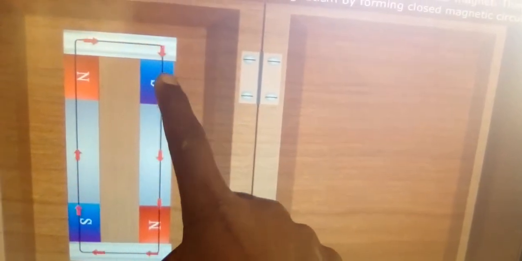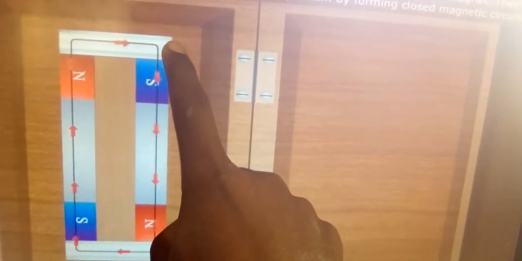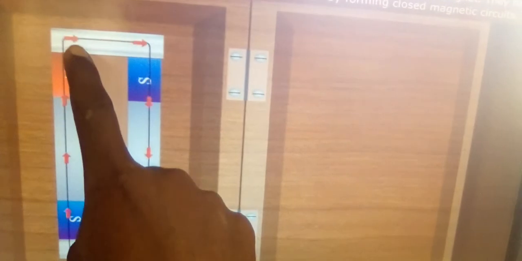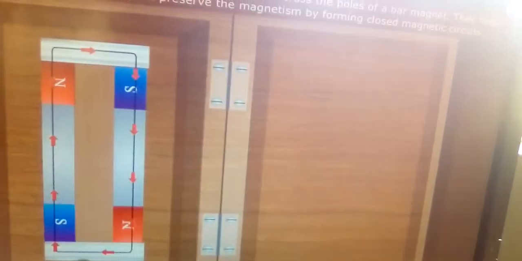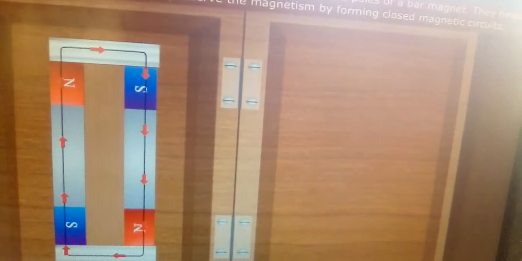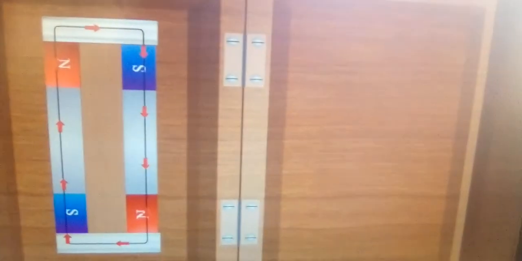Then you find that there is magnetic circulation. Actually, what happens is that this one induces the north here, and this one induces the south here. So this one temporarily behaves as a magnet. So we shall have a circulation of magnetism, meaning that we shall not lose any magnetic field around. Therefore, we have kept our magnet safe. We call that one a magnetic keeper.